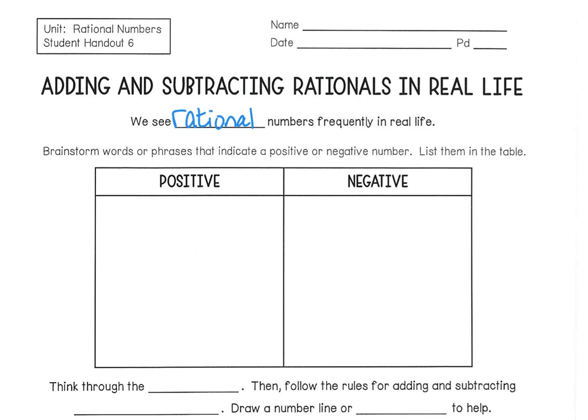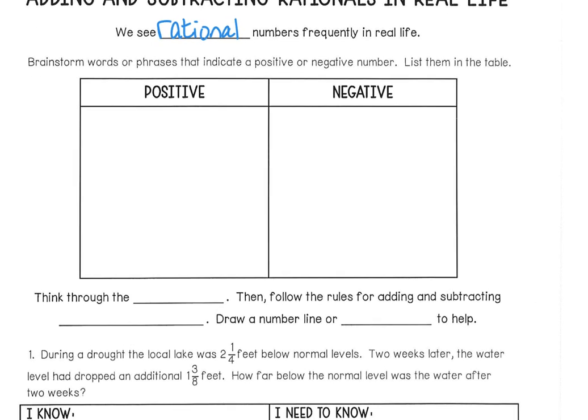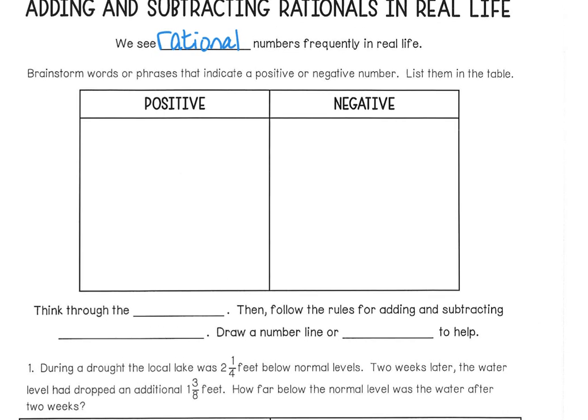You see fractions. When you deal with money, you see decimals all the time. So as we work through our word problems that we're going to get to, you will notice that there are some different words in there that you have to know if it's going to be a positive or a negative.